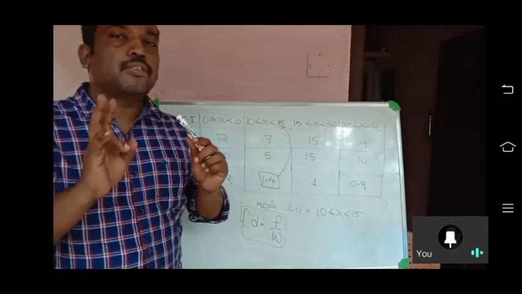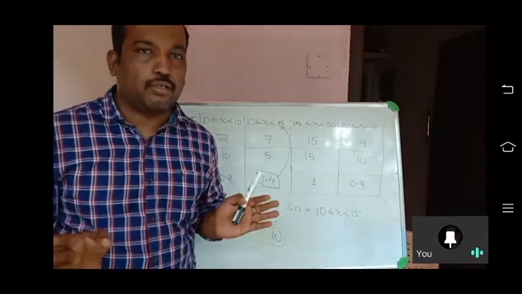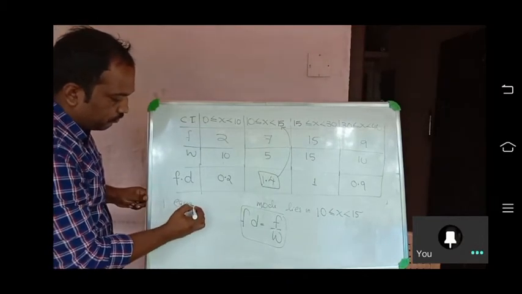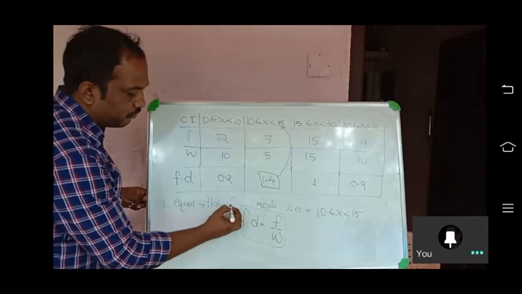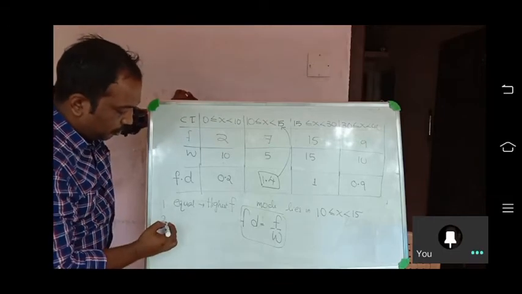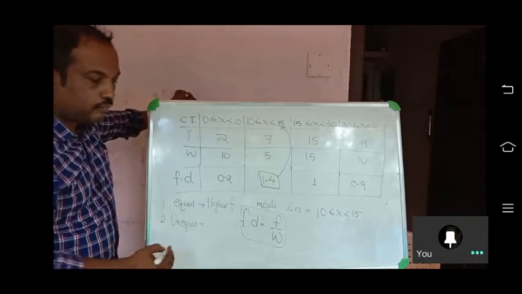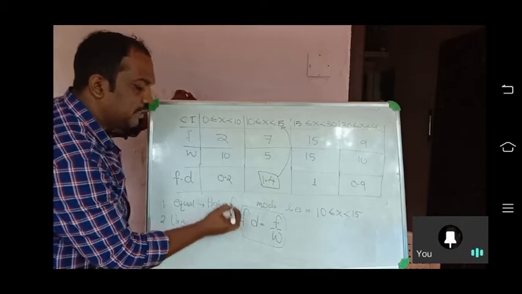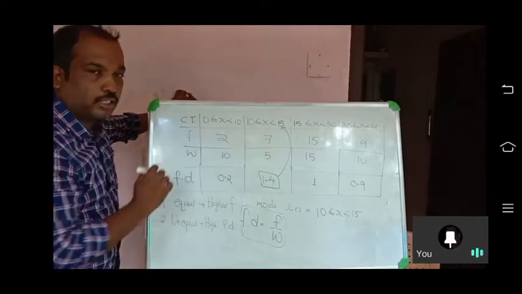So you need to remember three concepts here. The first concept: if the classes are equal, take the highest frequency for the modal class. If the classes are unequal, take the highest frequency density for the modal class.